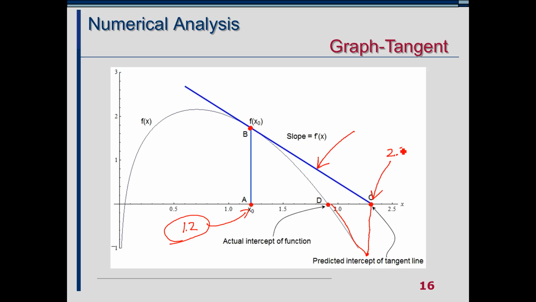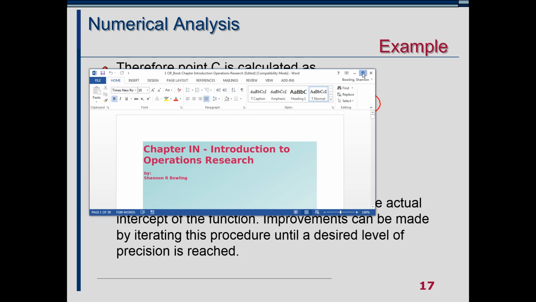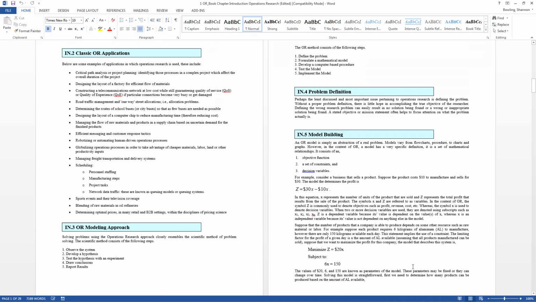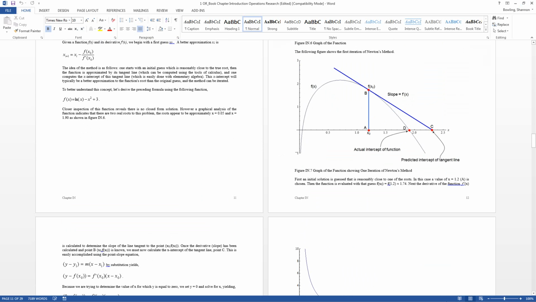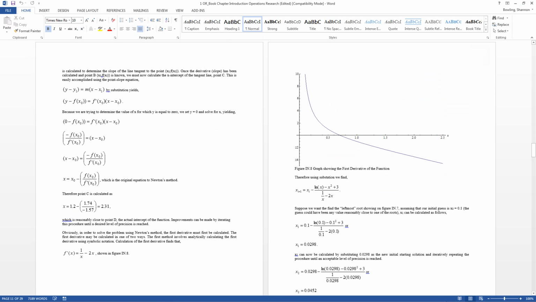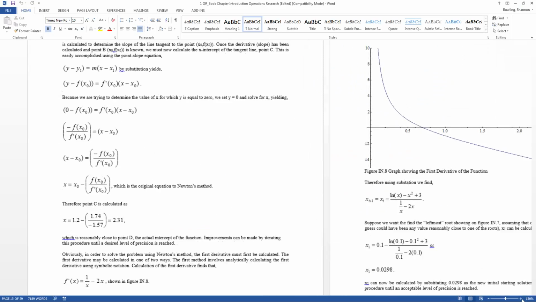Then all you do is simply repeat, starting over with this as your new guess at point C. I think I actually have this in the textbook that you'll be using, where we go through and solve this step by step. So you can see a value of 2.3.